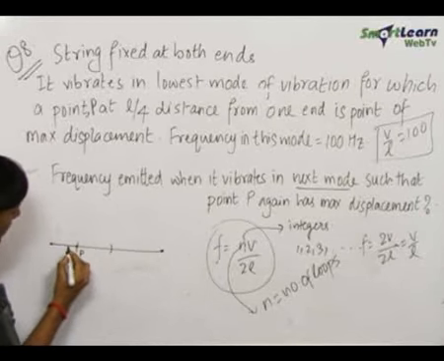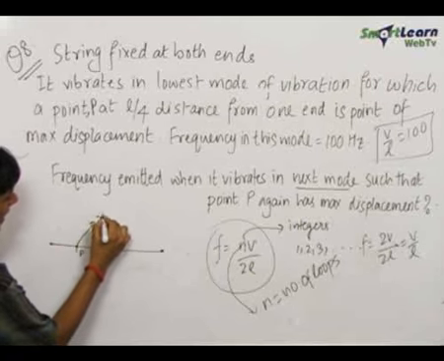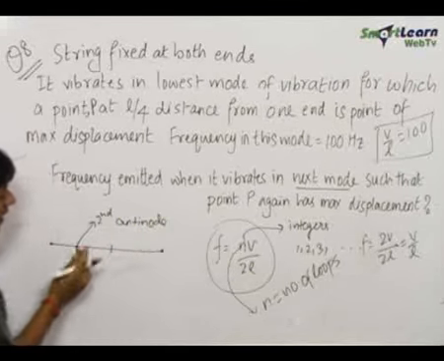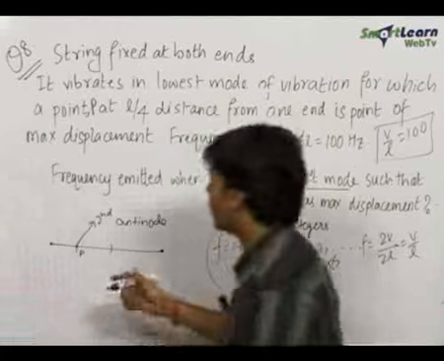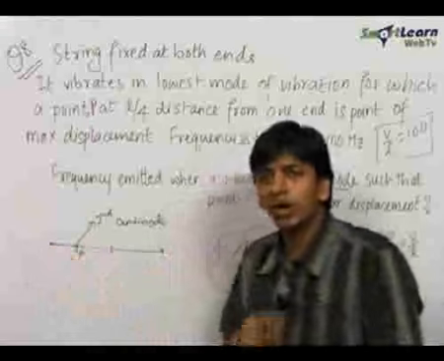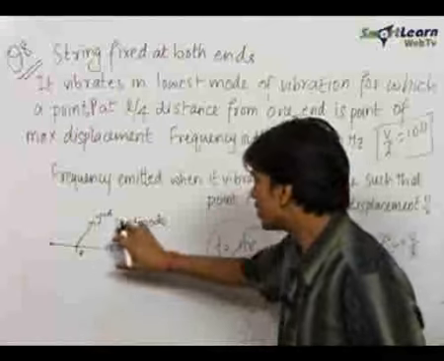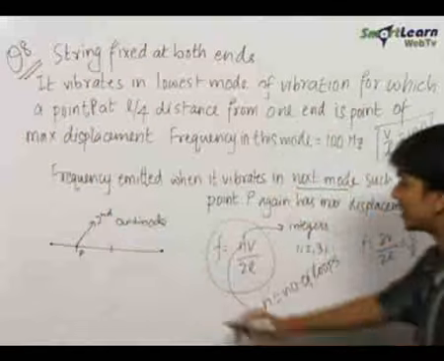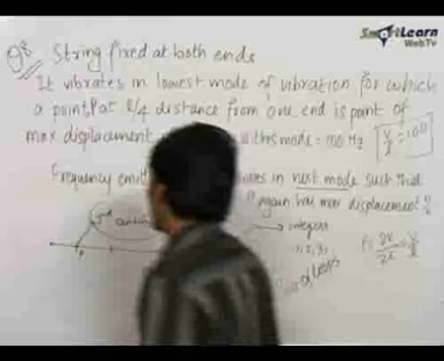This was our point P. Now this will become the second antinode, because if it becomes the third antinode, the total system will have more loops than the case in which this was the second antinode, and we want just the next mode. Therefore it has to be the second antinode.